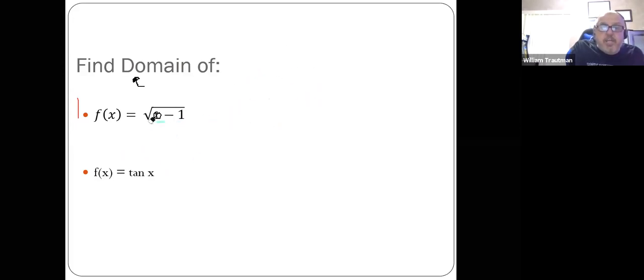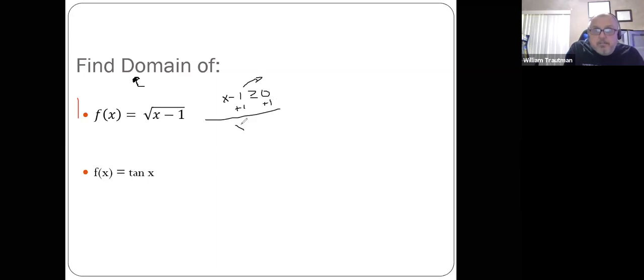The way you do that for square root functions is you say that inside has to be 0 or positive. X minus 1 has to be greater than or equal to 0. And then solve for x by getting 1 to the other side. And that's the domain. X has to be greater than or equal to 1.